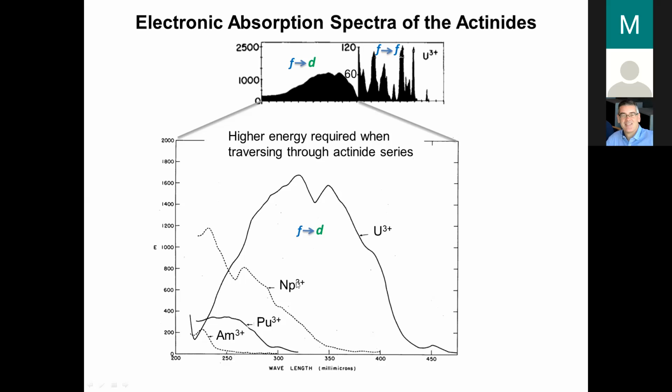Basically, what we see is that the average maximum where these absorptions are observed shifts to higher energies, or in this case to lower wavelengths, and that the overall intensity is decreased for the later actinides. And we want to use a very oversimplified molecular orbitals scheme that was previously produced and published to understand these trends.